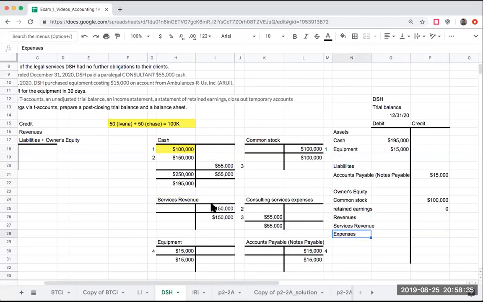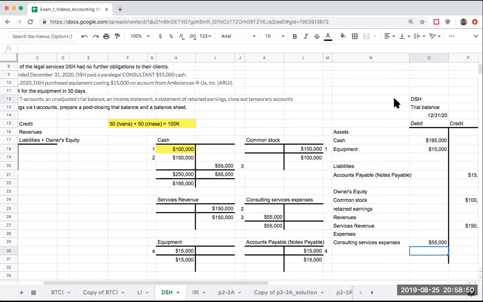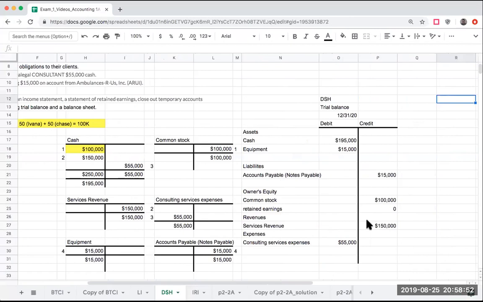So right here I have services revenue of 150,000. And for my expenses, I have consulting services expenses over here of 55,000. Now, when it comes to doing the trial balance, this is something that is very informal.